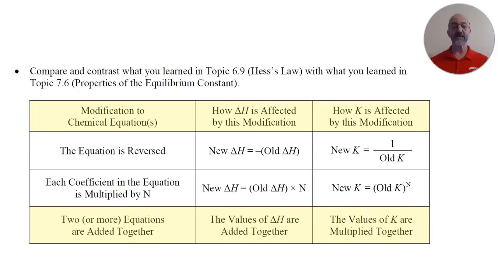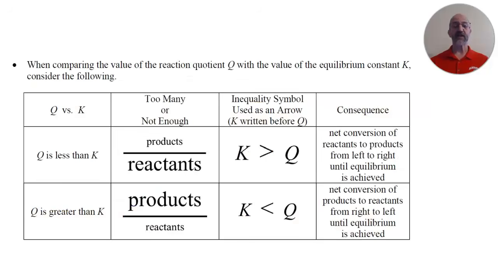Now, the next thing that I'd like to share is something that I had presented in one of my videos about when you're comparing Q versus K. So if Q is less than K, then the situation is the following. You could consider Q is less than K, you have too many reactants or not enough products.